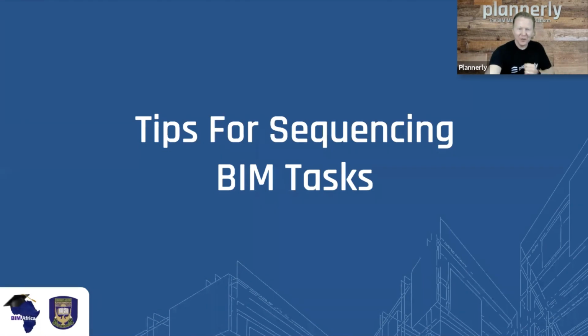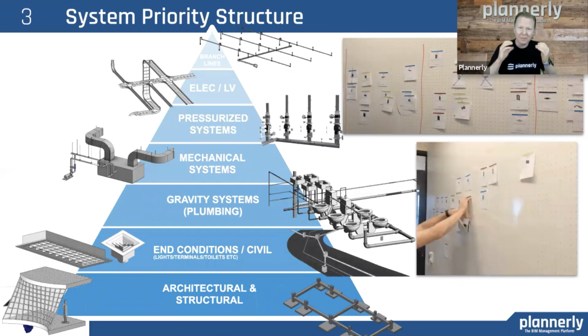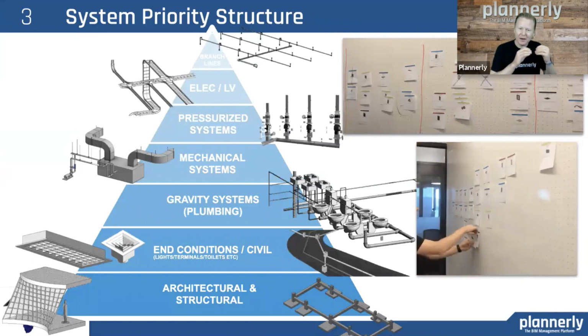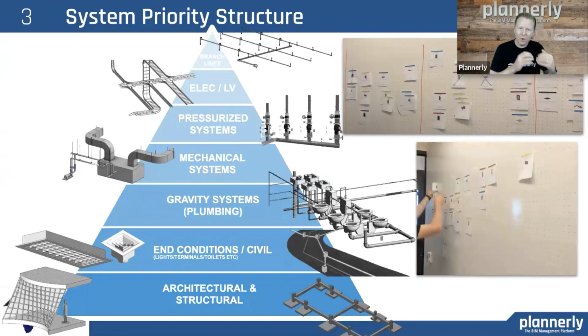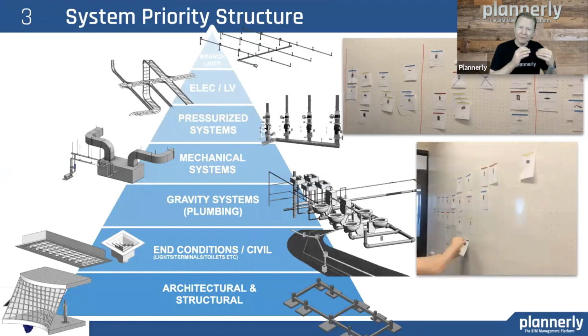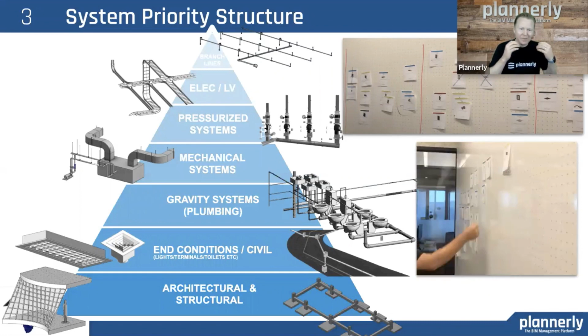So, a few tips. Let's take a look at how we can sequence teams and tasks in a much clearer and simpler way. The first one is the big picture of having a priority structure, being able to fix things in place that are foundational, that are more costly to change later, that are less flexible, and fix those first and make the bottom of the pyramid really solid with things that just can't change.